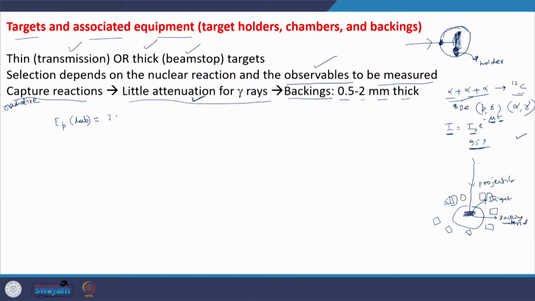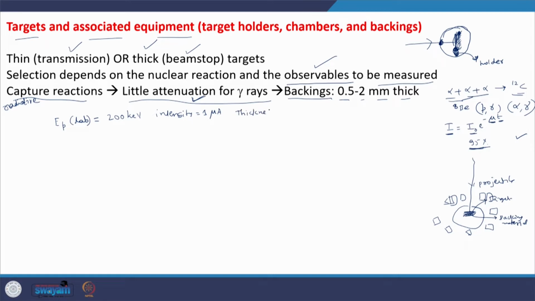So, say the proton beam energy is 200 keV, and say the intensity of this proton beam is 1 microampere. I am giving the intensity of the beam in terms of current.